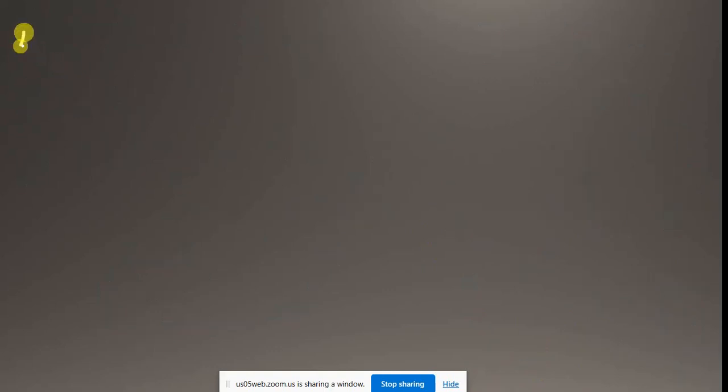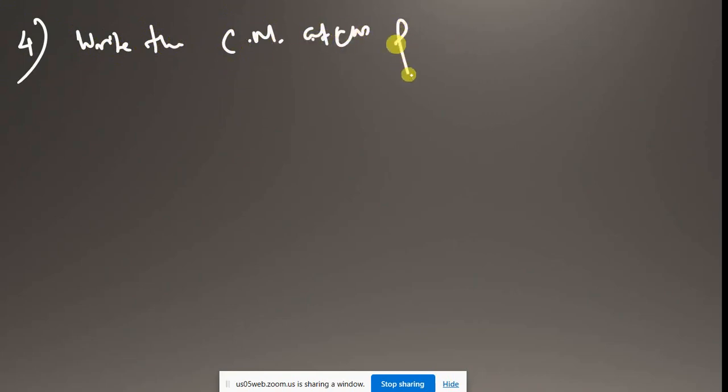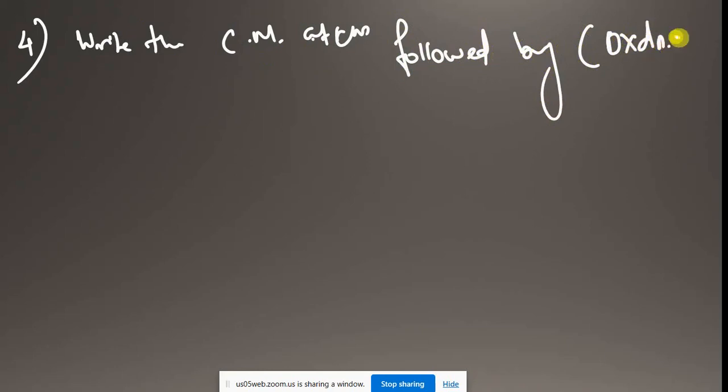Fourth point, write the name of the central metal atom followed by its oxidation state in brackets.